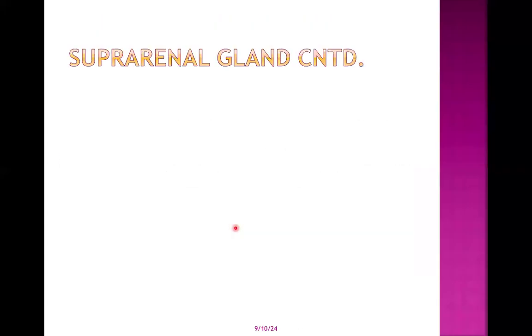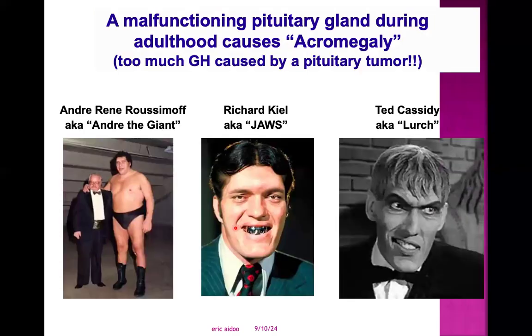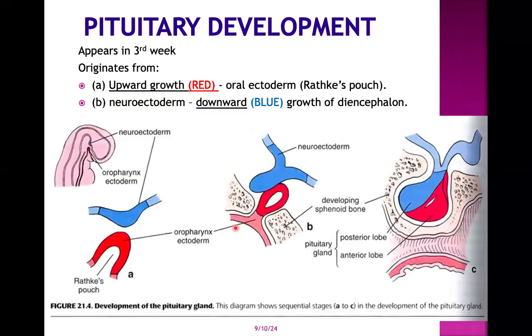Any questions or suggestions? So let me go over what we have done today. We first looked at the pituitary development and said it has two origins, the oral ectoderm and the neuroectoderm. And then it develops within the hypophyseal fossa of the sphenoid bone.